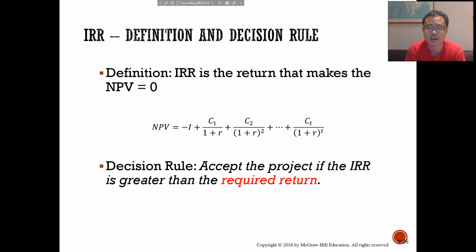But here it says when IRR is greater than the required return, which indicates that the net present value using required return is positive, then we accept this project.